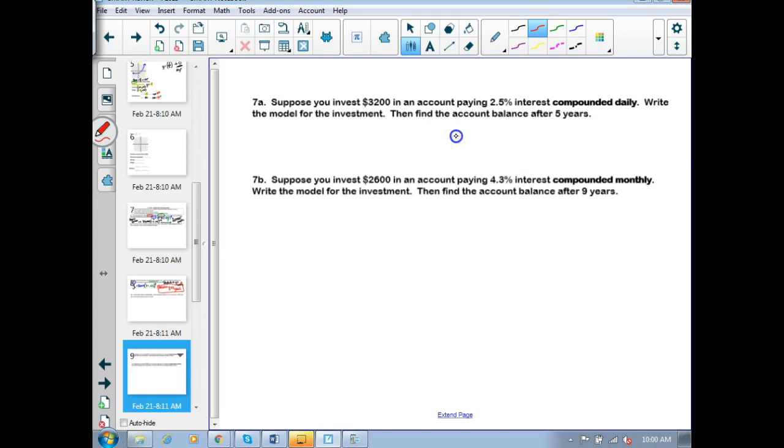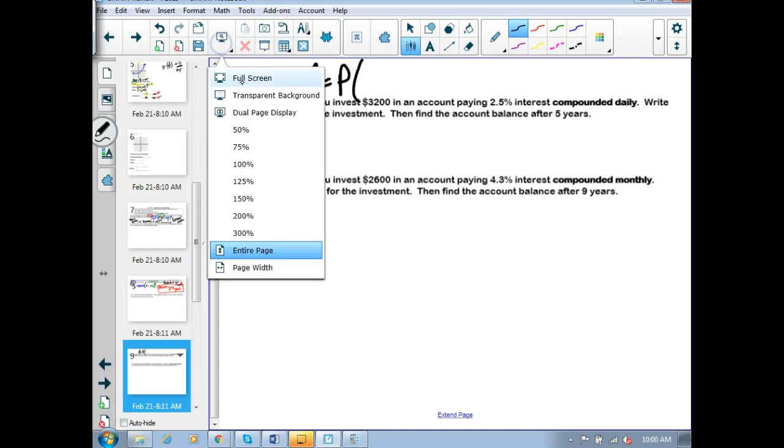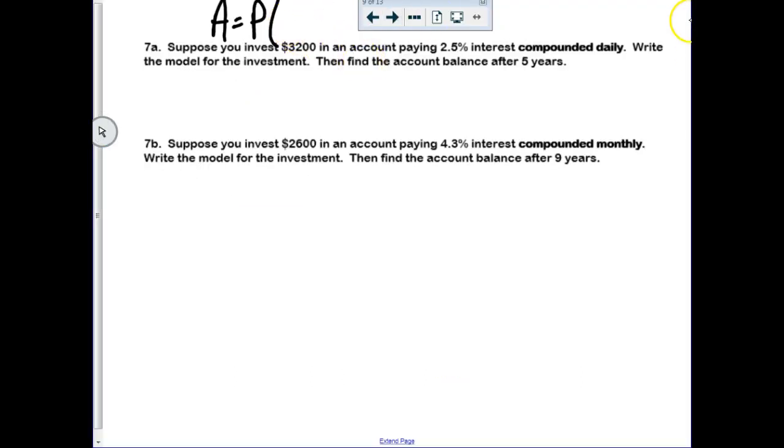Alright, the next one, 7. You are going to have a formula given to you. It's going to be that compounding formula. So it's going to say A equals P times 1 plus R over N to the NT power.